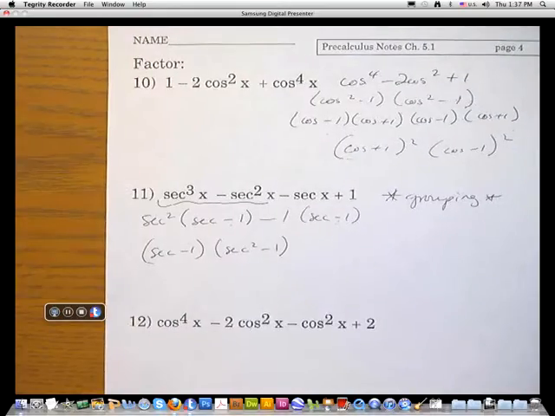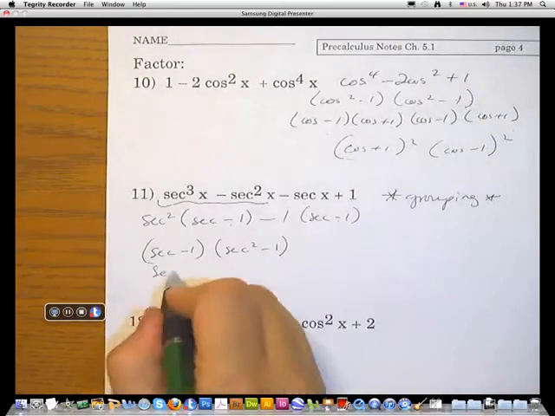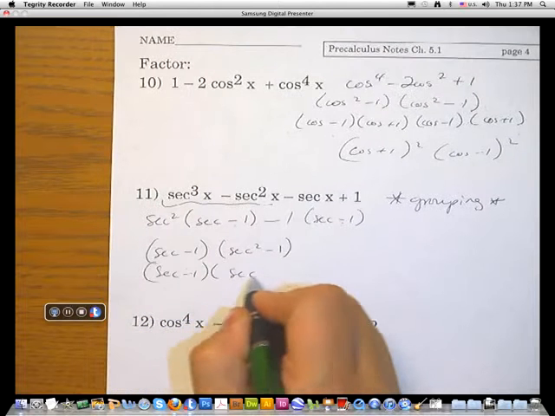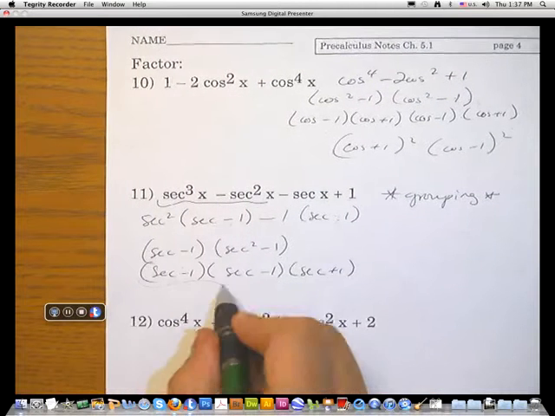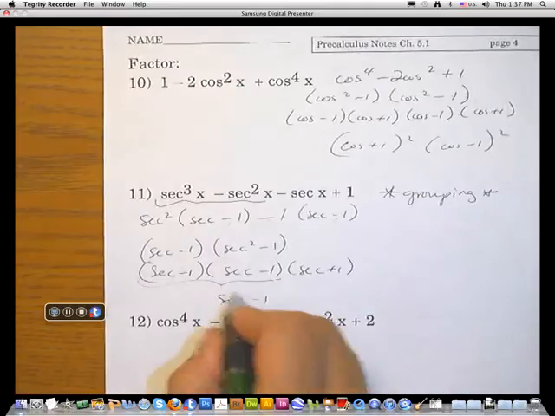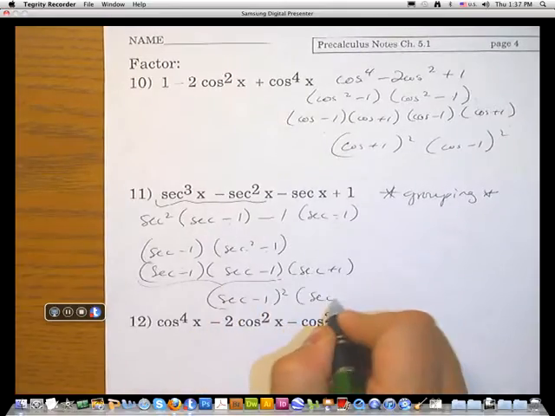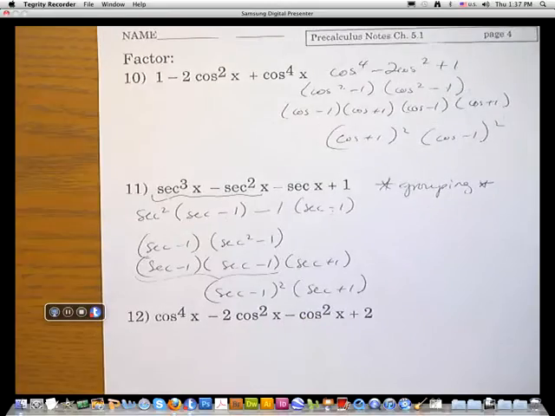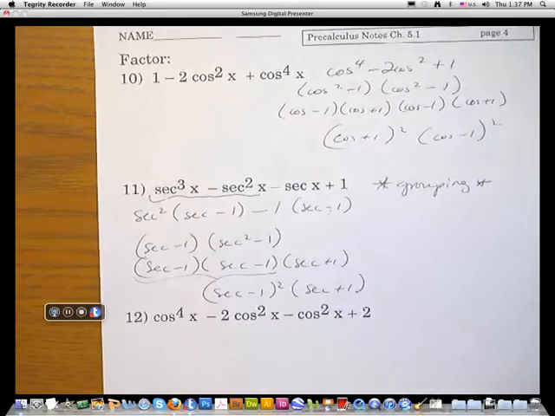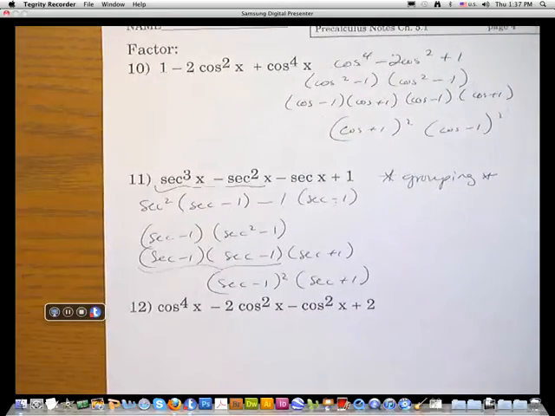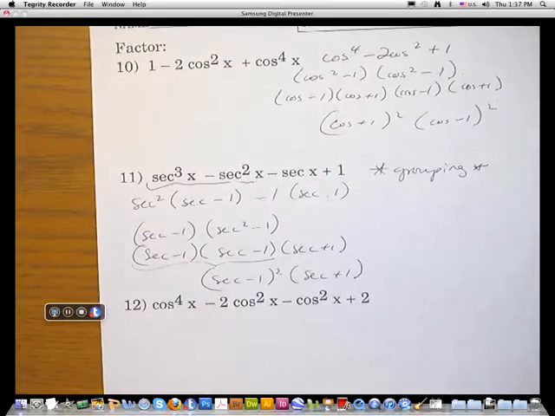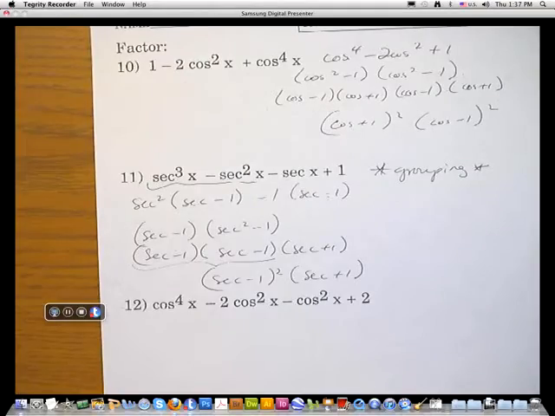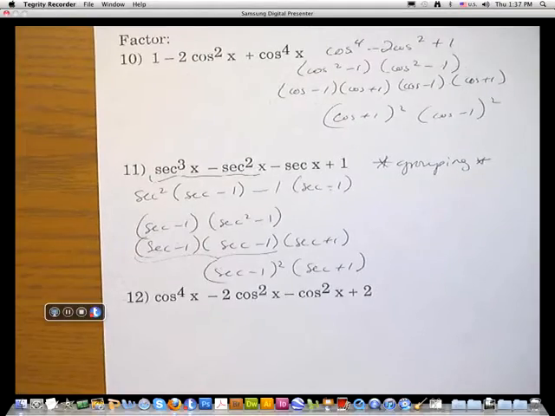The secant squared minus 1 is a difference of two squares. And combine them. So if it helps you, replace the word with y or x or something, and just factor it as any other factoring, and then go back and put back in the word secant, cosecant, whatever the case may be.